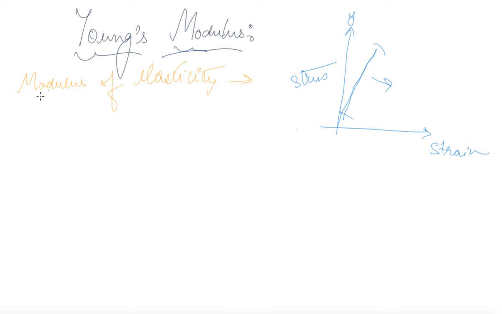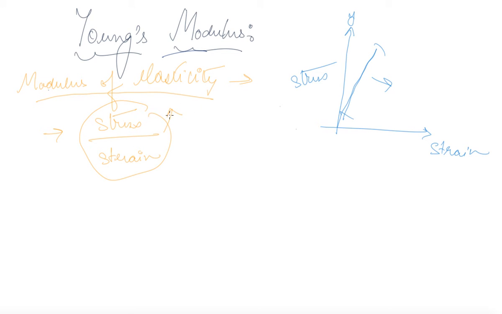So if in your examination this question comes, straight away simply write it is the ratio between stress upon strain. And this is called the modulus of elasticity.